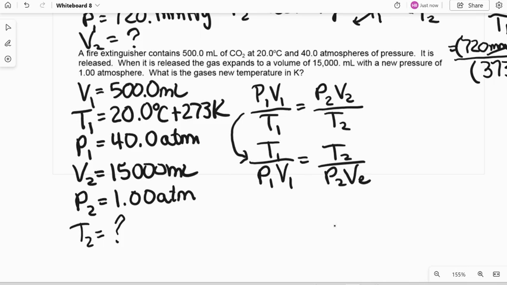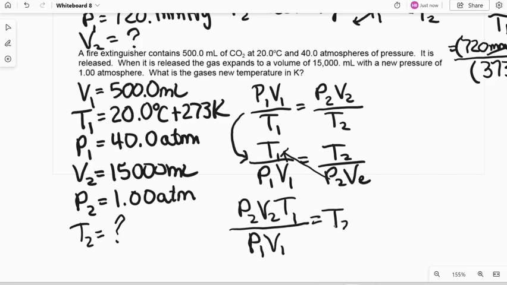Now I can just take P2 and V2, multiply each side by P2 and V2, they'll cancel, or think about it bringing it up to the other side, like this. This will allow me to solve for T2 on the top. If you get units of K on the bottom, that's exactly what you've done. That's the mistake you've made.